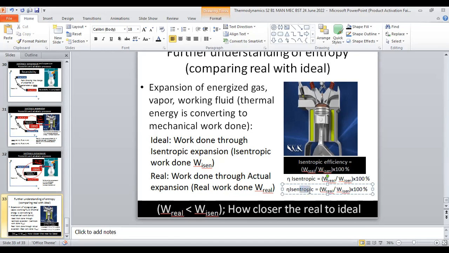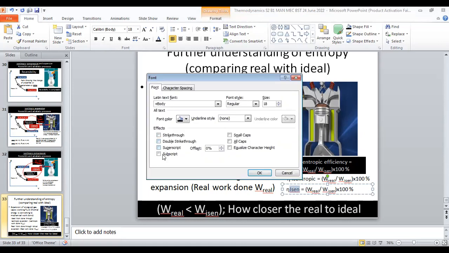The shortened term is eta isen. Isen, we put this as a subscript.